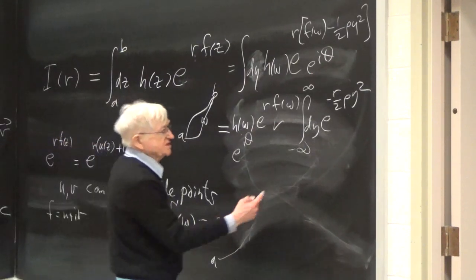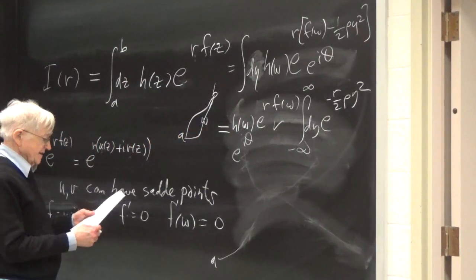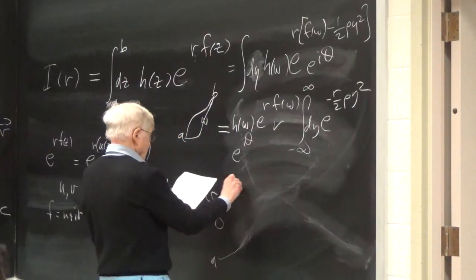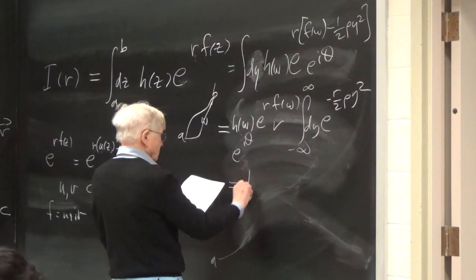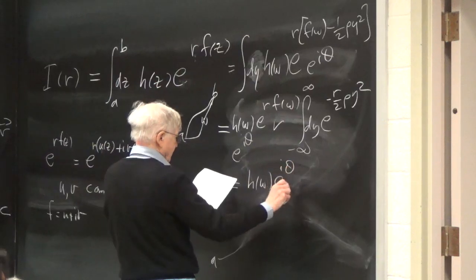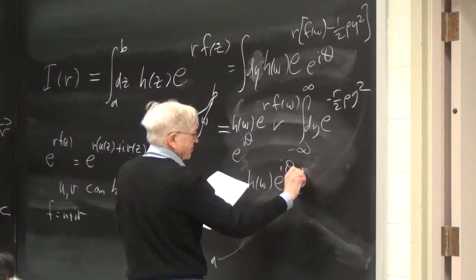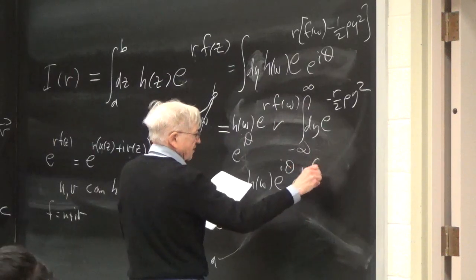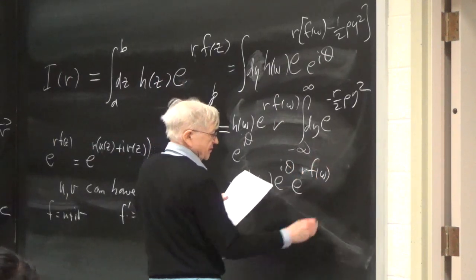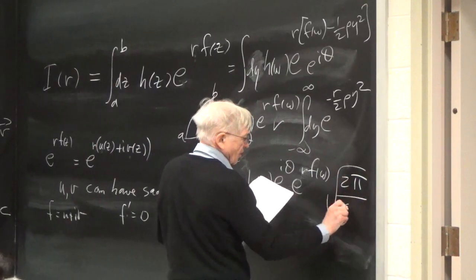Now this, of course, is a famous integral, and so altogether then, this is equal to h of w, e to the I theta, e to the r f of w, and the famous integral is square root of 2 pi over r rho.